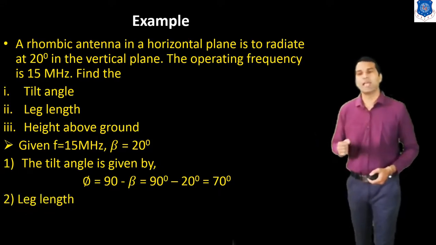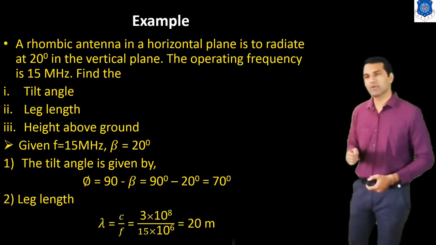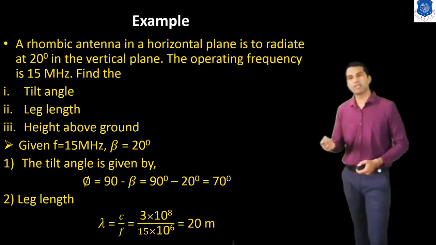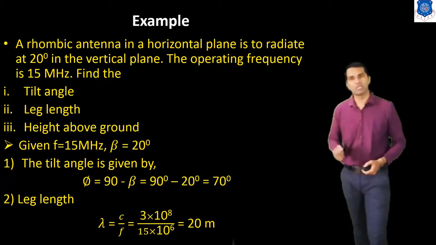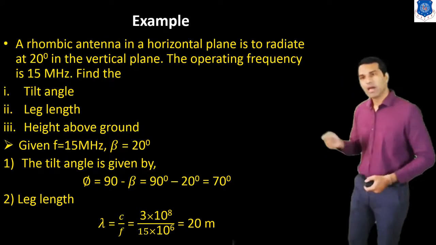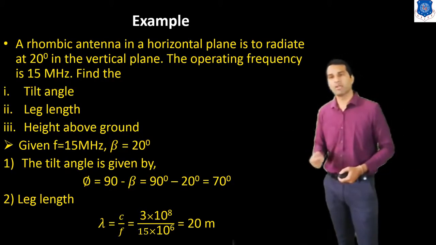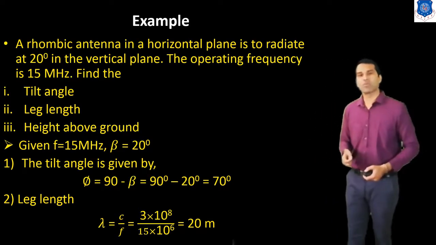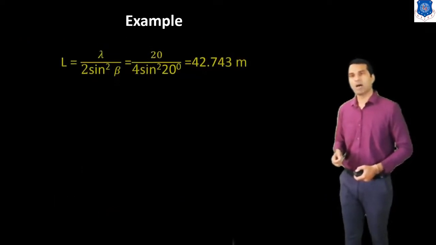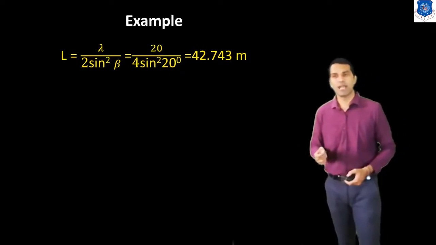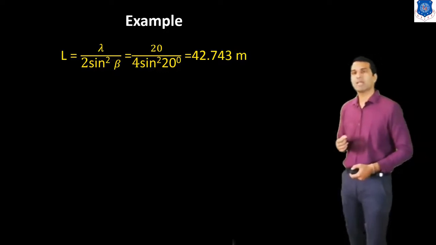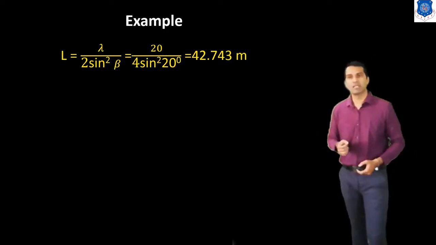Now we calculate the leg length, and for that, first we have to calculate the value of lambda. We know that lambda is nothing but c by f, where the value of c is 3 × 10^8 and the frequency is given as 15 MHz, so 15 × 10^6. So we get lambda = 20 meter. Now we have the equation for the leg length, L = lambda upon 2 sin² β. We have lambda = 20 and β = 20 degrees.